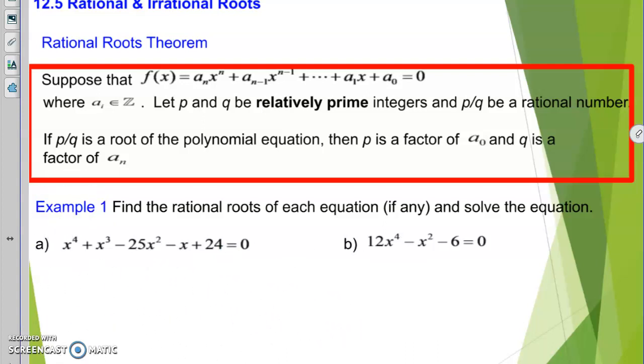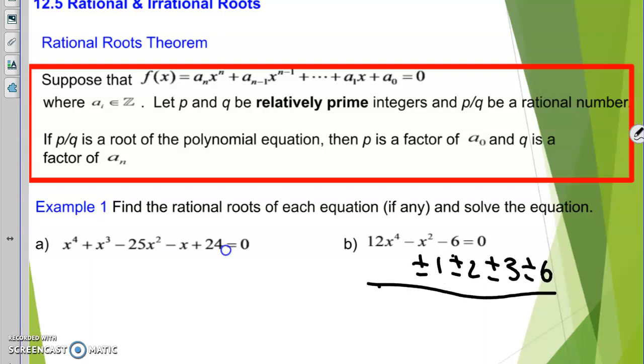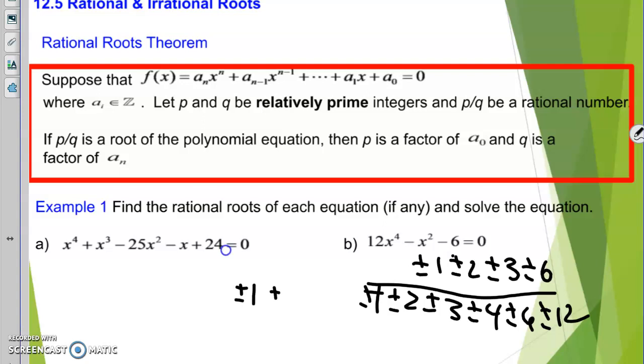Okay? So on this next one, I'm going to take all my factors of 6, plus or minus 1, plus or minus 2, 3, and 6, and divide that by plus or minus 1, plus or minus 2, plus or minus 3, 4, 6, 12. And if I was to list all of those out, I would probably say plus or minus 1, plus or minus 1/2.